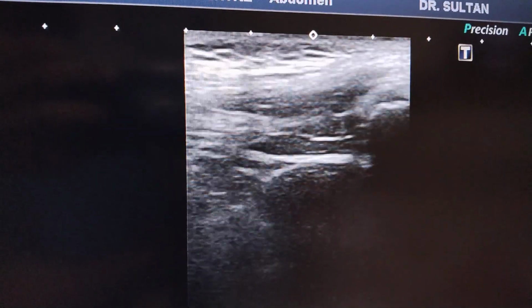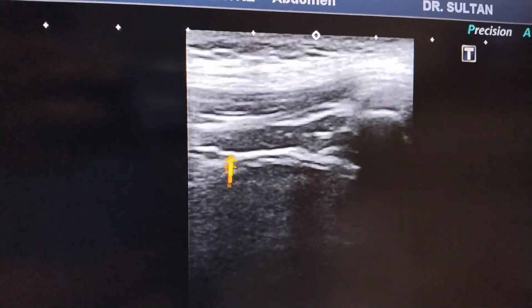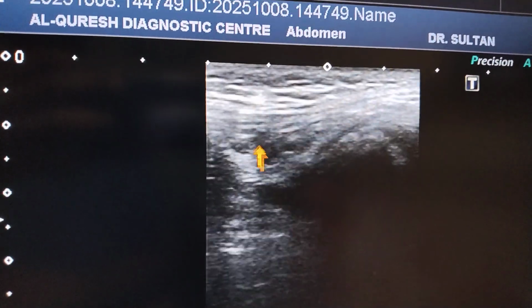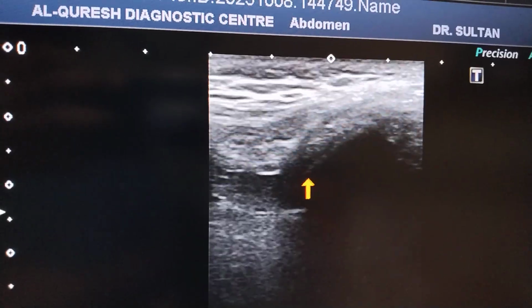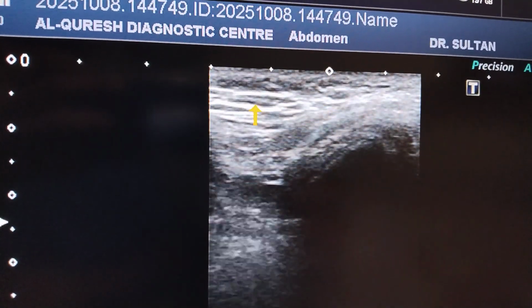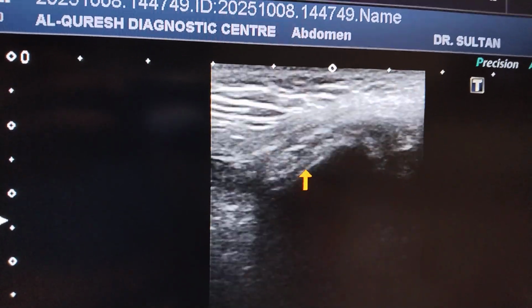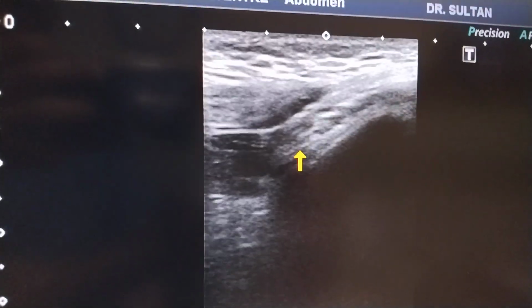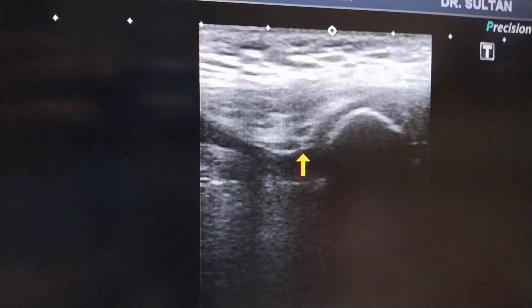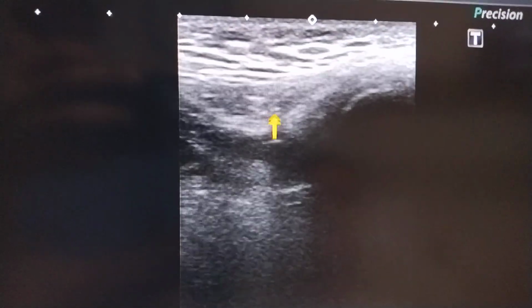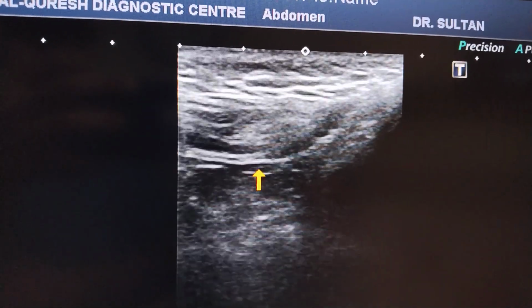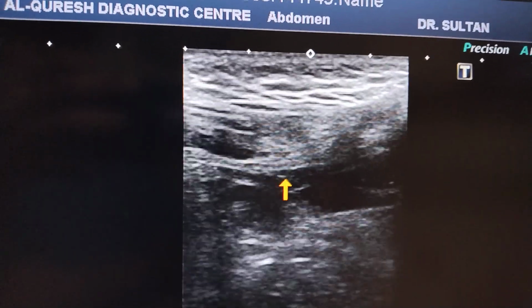This is the rectus abdominis. Then I move laterally until the rectus abdominis is not in the screen, so is the pubic tubercle, and slightly we move laterally, this is the superficial inguinal ring, and this is the posterior boundary.